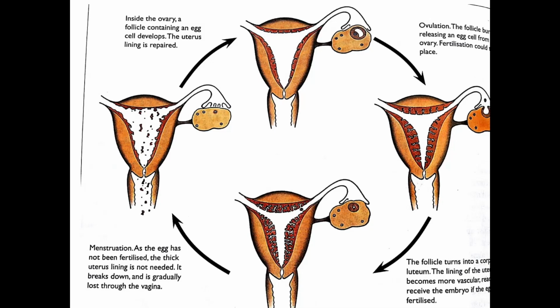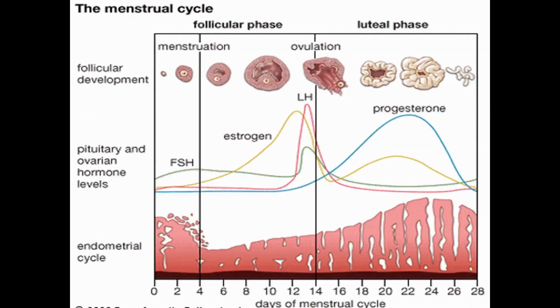Alright, so yeah. Okay, here we can see the follicular phase and the luteal phase. So the cycle lasts 28 days, and you can see that the estrogen increases until the LH peaks, and then it goes down as the days increase and the progesterone increases again.